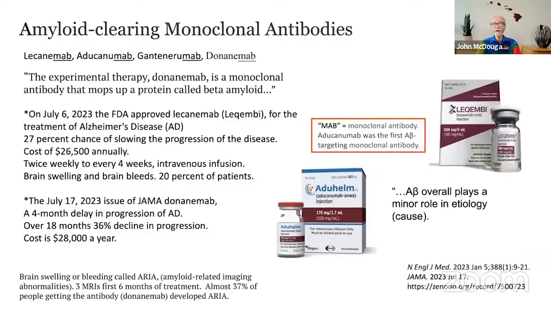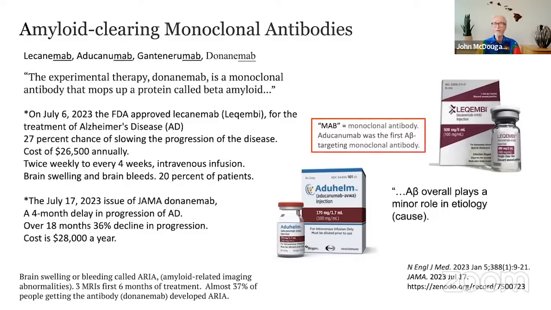What I want to talk to you about is the new, highly profitable treatment of Alzheimer's disease using amyloid-clearing monoclonal antibodies. So in the laboratory, the scientists are able to create antibodies that attack certain proteins.